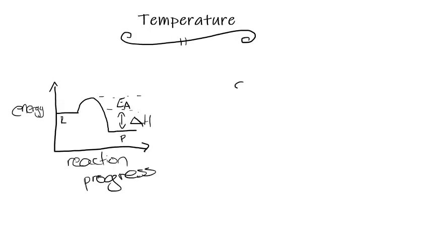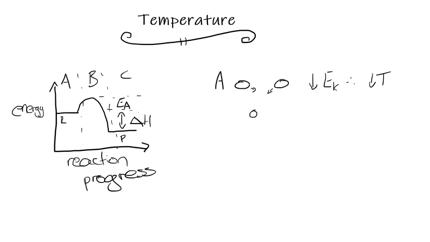So if we've got two particles here, let's call this section A, section B, and section C, going down here. If they're moving relatively slowly, so there's a low temperature, so they have a low kinetic energy, which we can show with EK, and this is proportional to the temperature. Then they might collide.